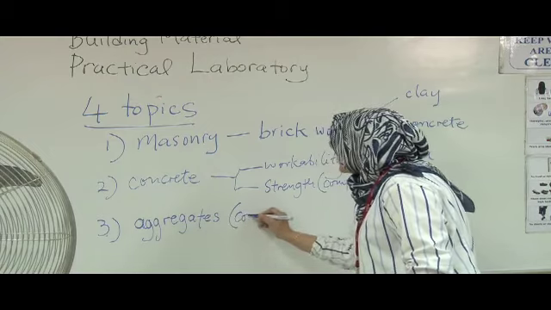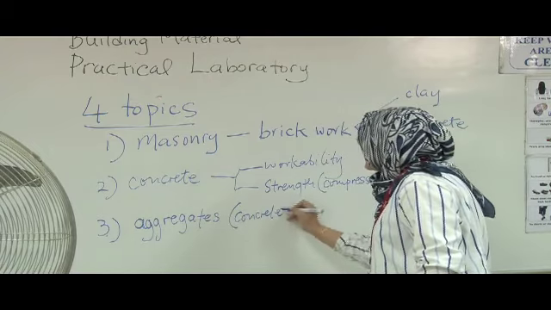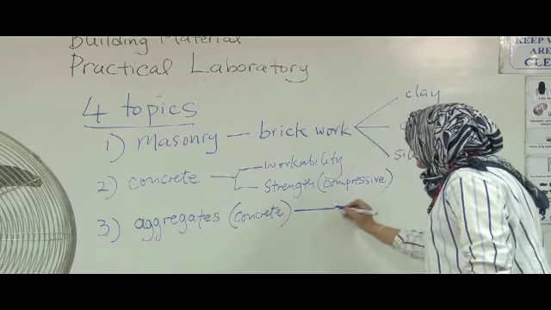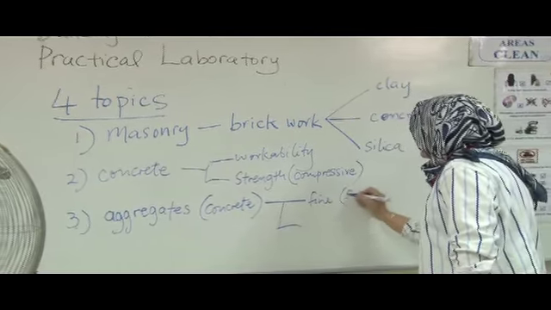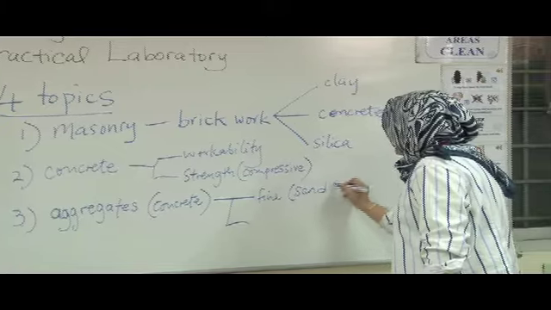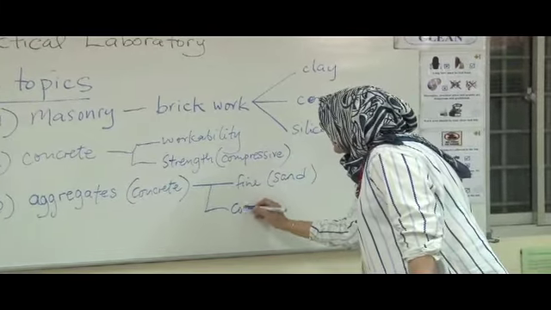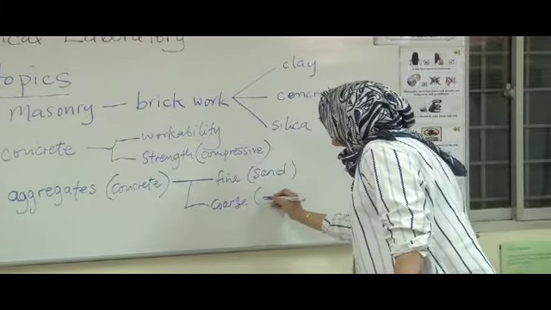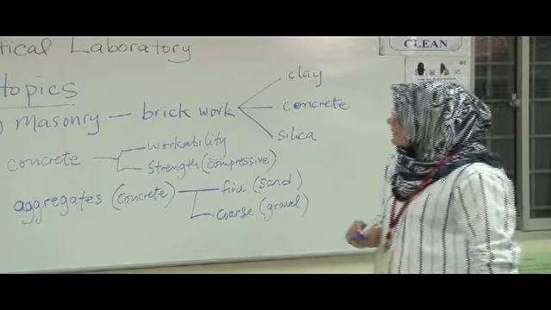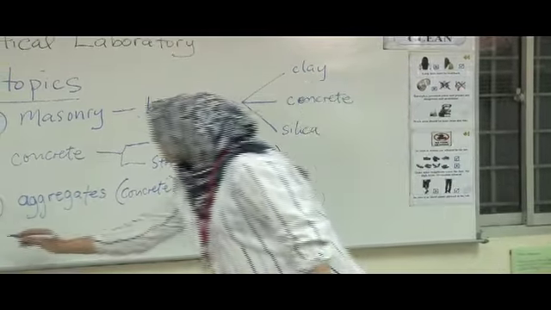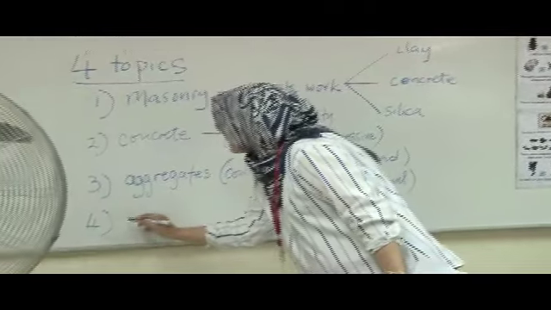We'll look at the fine aggregate, here we're using sand, which is normal. Then we look at coarse aggregate, which is the gravel. And finally, we'll look at metal.